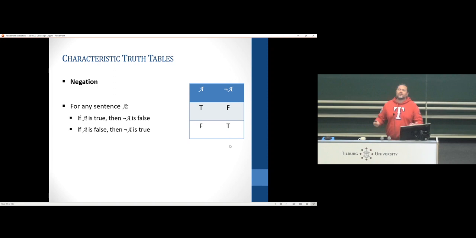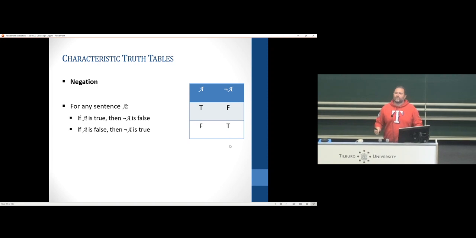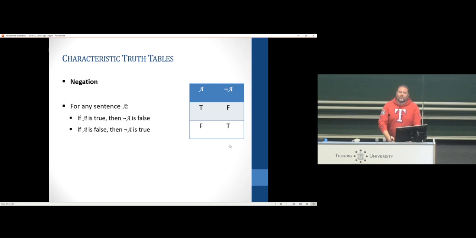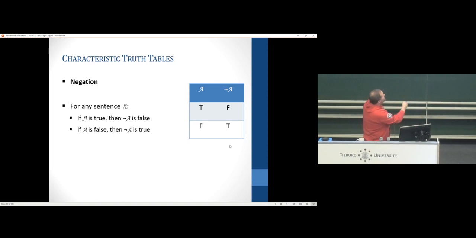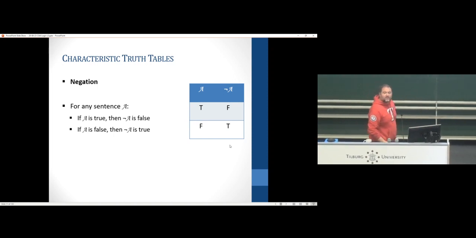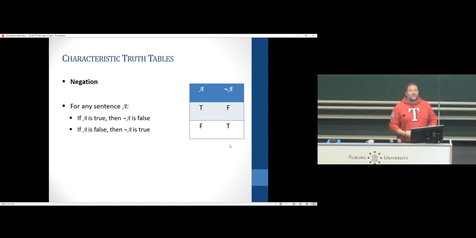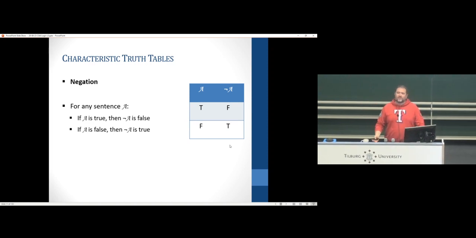Now, of course, negation is super straightforward, very simple. It only has one input sentence. So what happens when we have two? Well, when we have two input sentences, this part's going to be a little more complex. We need to think about every possible combination of truth values for the two input sentences.